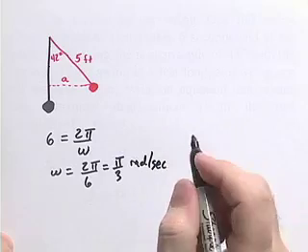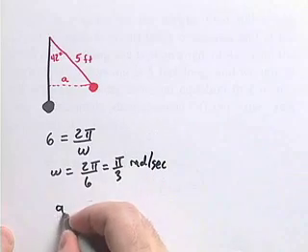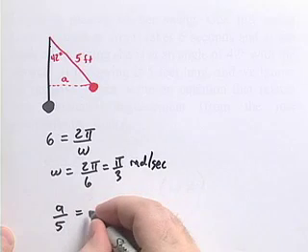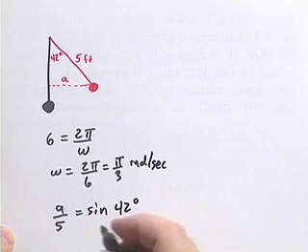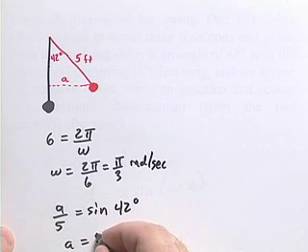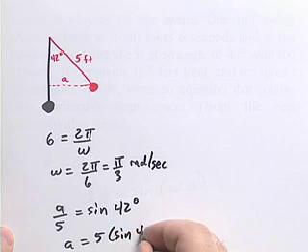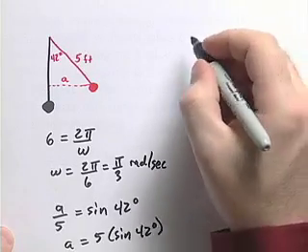From this diagram, we'll see that A divided by 5 is equal to the sine of 42 degrees. If we solve that for A, we'll find that A is equal to 5 times the sine of 42 degrees. Therefore, we go back to our model.